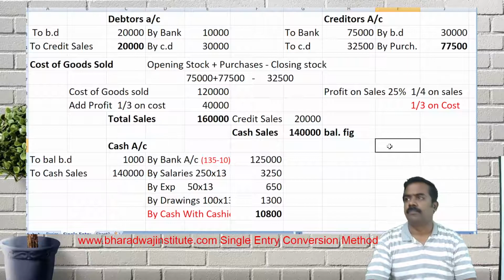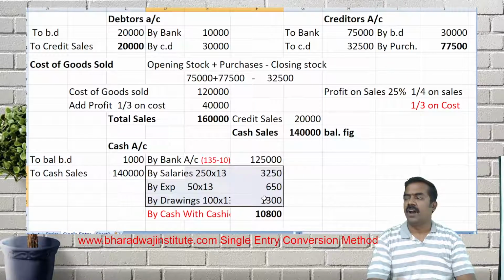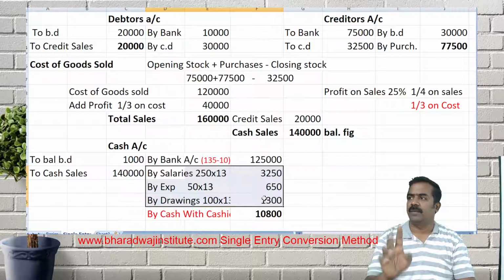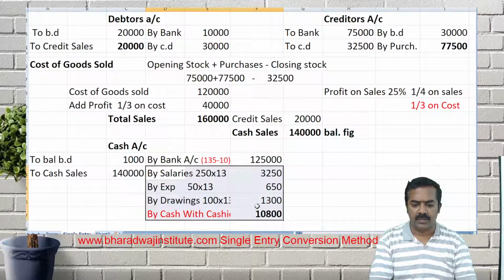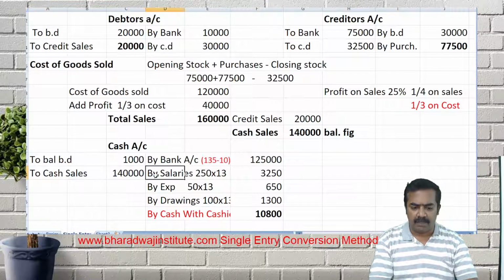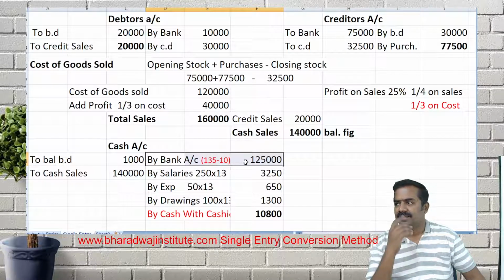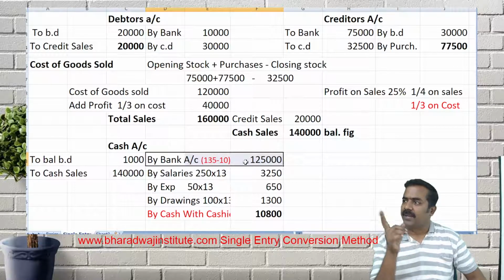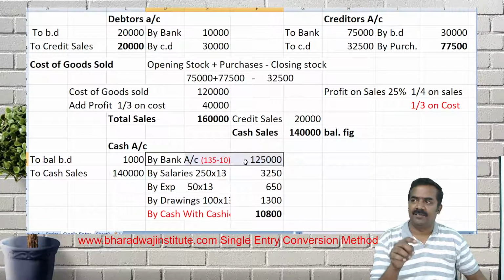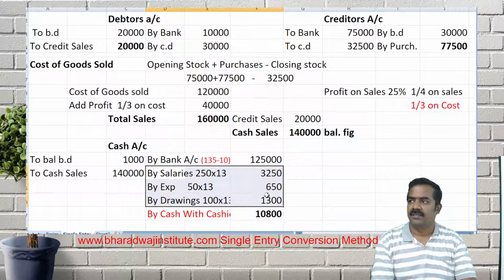Sir, the expenses and cash are clearly given: after paying these, the money is deposited. Which means we sell for cash, we pay the expenses in cash, and the balance money is deposited in the bank.